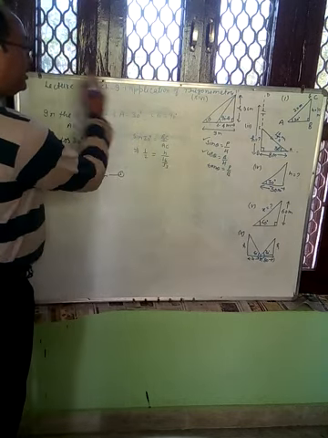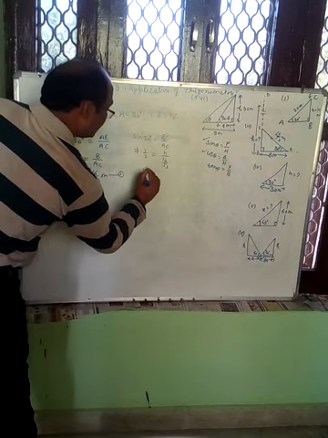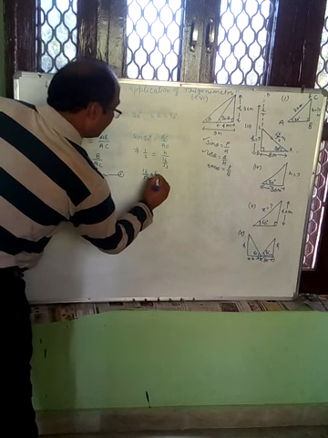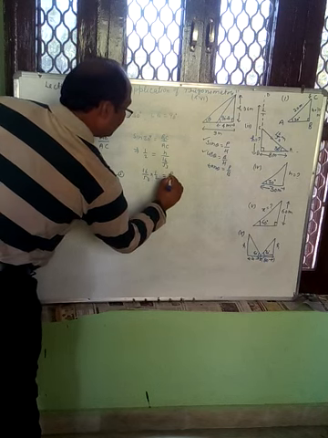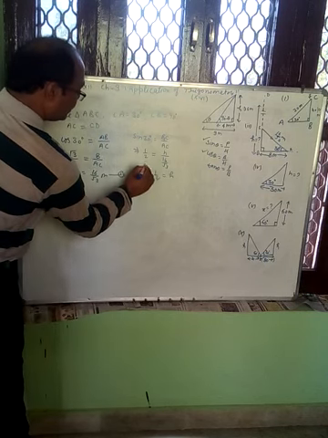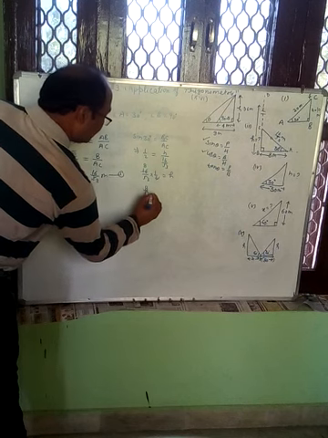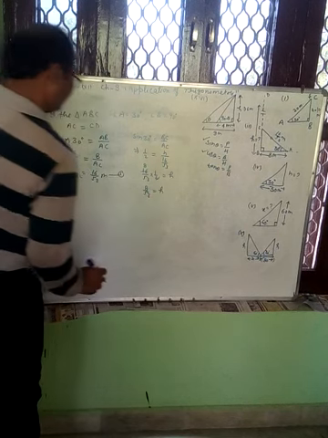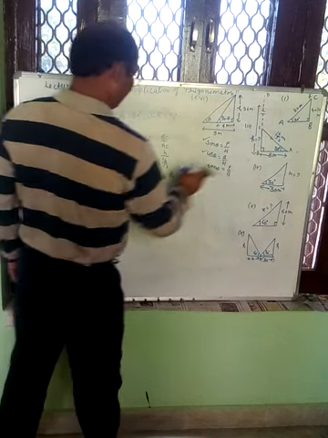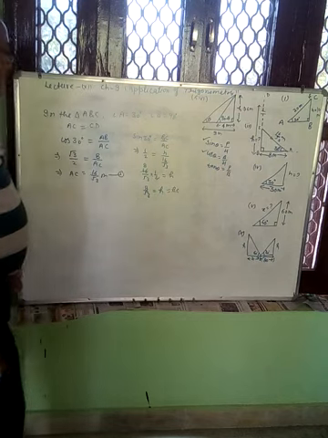Now by cross multiplying, 16 upon root 3 into 1 upon 2 is equal to h. 16 divided by 2 is 8, so 8 upon root 3 is equal to h. Either you can say BC or h, whatever you like.